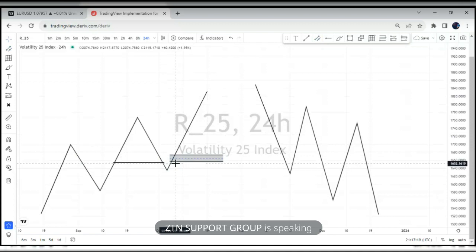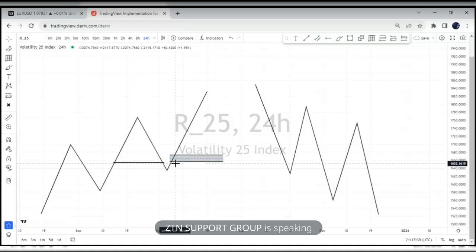When I have known my structure, is it bullish or bearish, based on the series of highs and lows I'm seeing? Then the next thing I'm looking for is, if it's a bullish structure, where is my higher low? Where is my structural point?